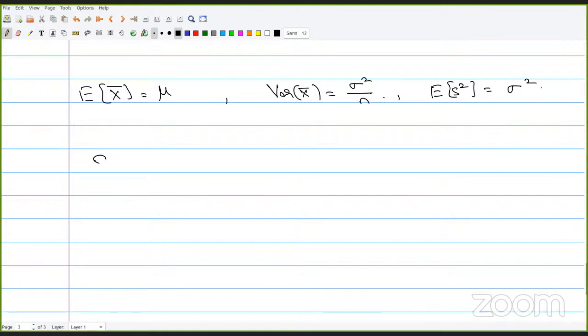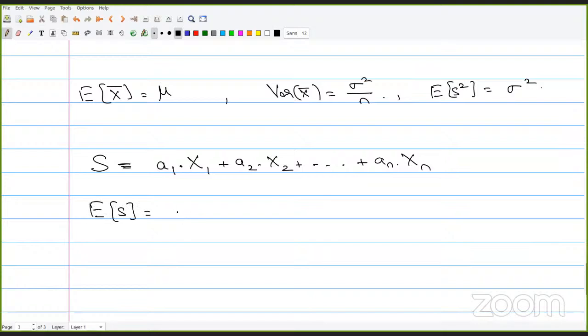What is scaling? If I have a random variable S, something like a1, some coefficient, multiplied with some random variable x1, and a2 with x2, and so on, plus an with xn. Now, what is the expected value of S?